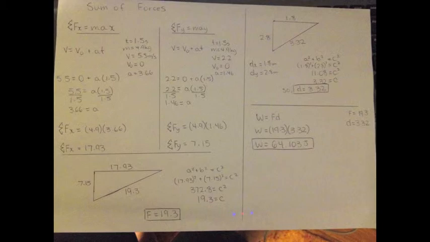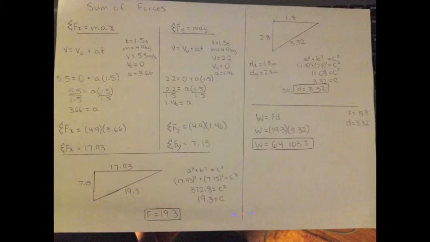Now we move down. Since we have our sum of forces in the x and sum of forces in the y, we use our triangle. We put 17.93 and 7.15 on both the legs, and then we have to find the hypotenuse by using the Pythagorean theorem. We go a squared plus b squared equals c squared.